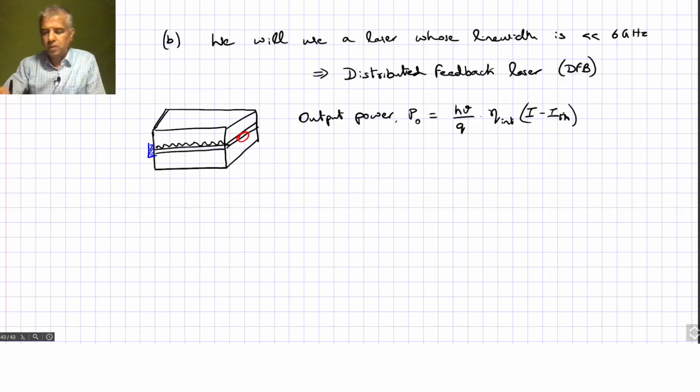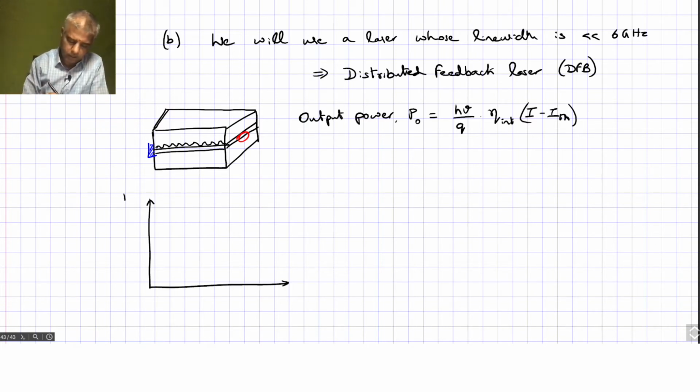Whatever current is the rate at which we are sending in charges, basically I over q. But the current beyond this threshold value is what is going to contribute to the significant output power.